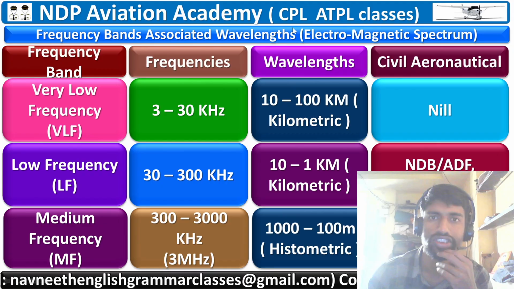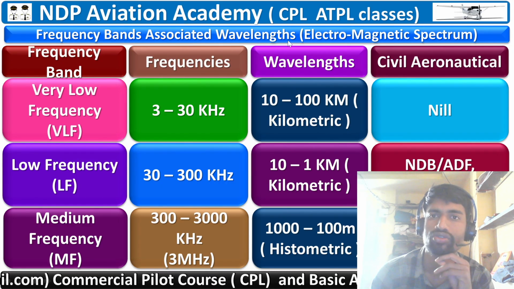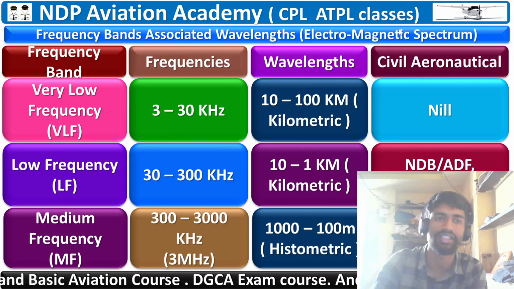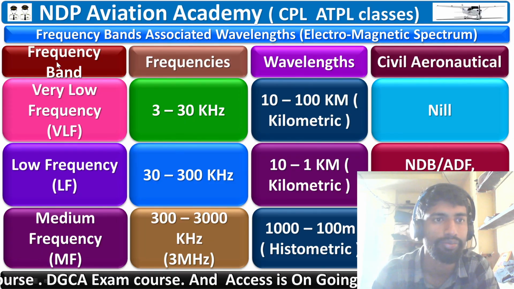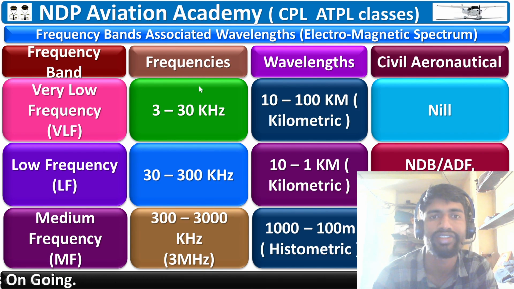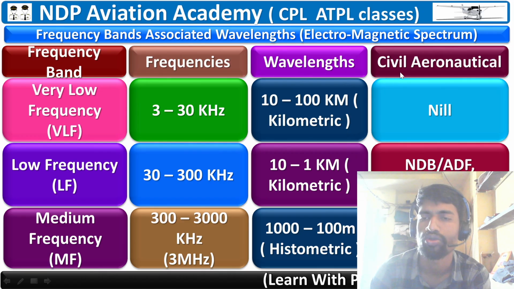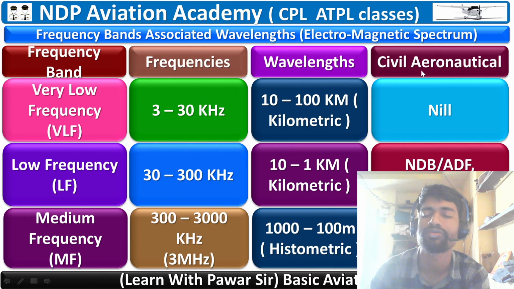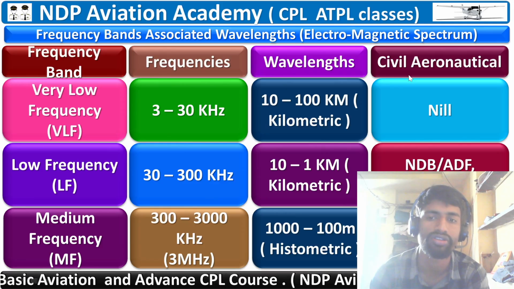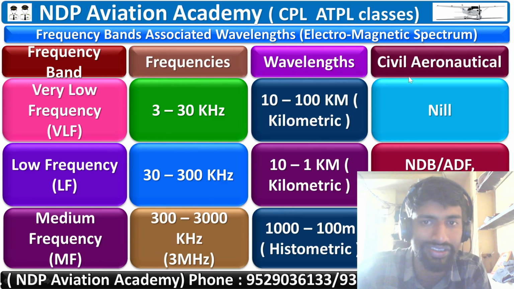The frequency band is associated with the wavelength; this is the electromagnetic spectrum. The first column is the frequency band, the second is the frequency, the third is the wavelength, and the fourth is civil aeronautical use, which frequencies we use for aviation, aeronautics, space, and satellite communication.